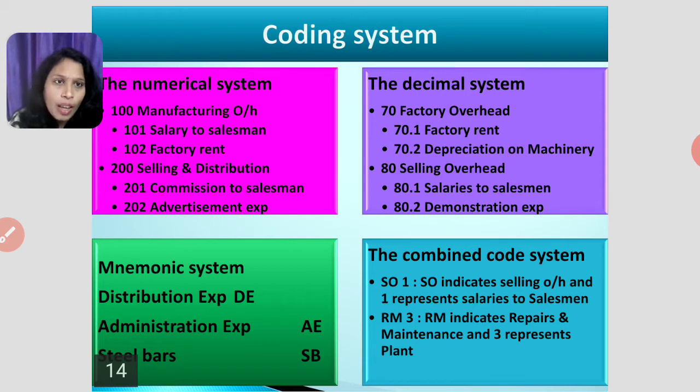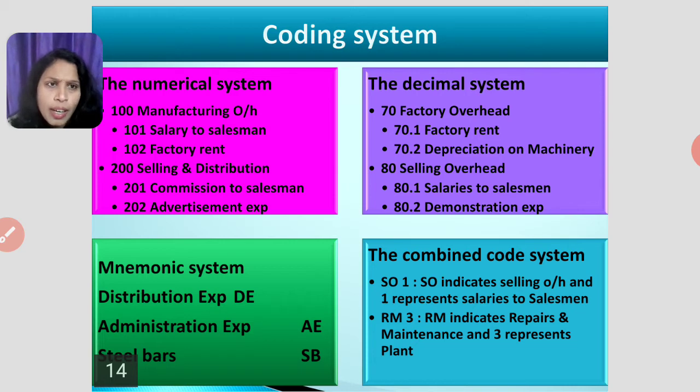Then the second coding system is the decimal system. Here we give some examples also. The code number 70 is assigned for factory overheads. 70.1 is factory rent. 70.2 is depreciation of machinery, and so on.